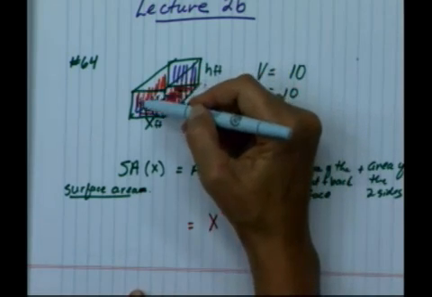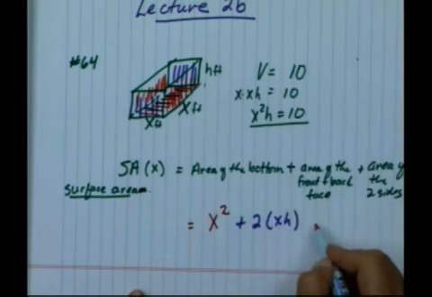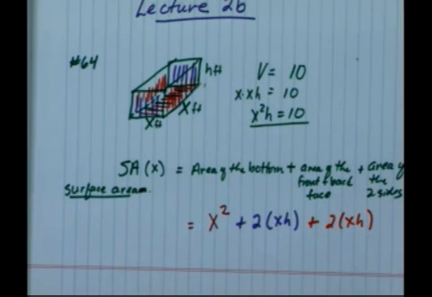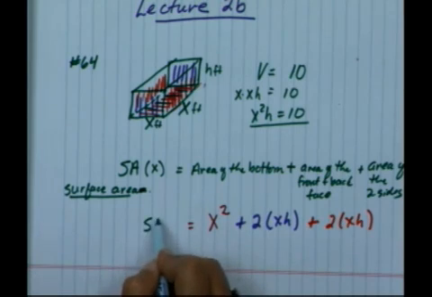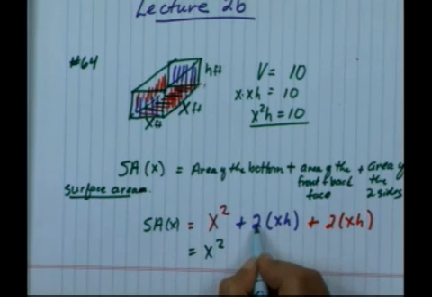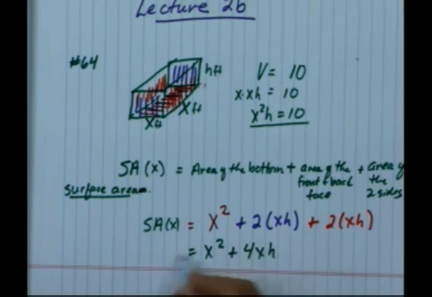And I have it over here also. So I have plus 2 times xh. That worked that way because I had a square base, so these two are going to look alike. All right, so now let's clean this up. My formula for surface area is x squared plus 2xh plus 2xh, which is 4xh, surface area.